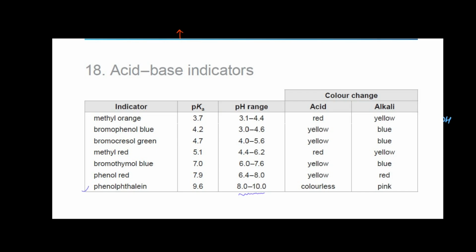I guess this can work. This also, I think, can work. The phenolphthalein and phenol red can work, because the pH range is between 6.4 and 8, and this one.